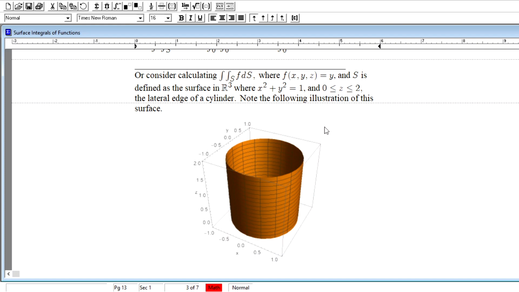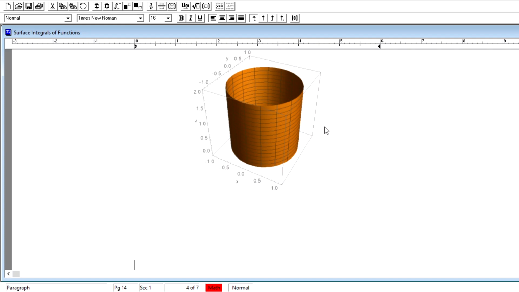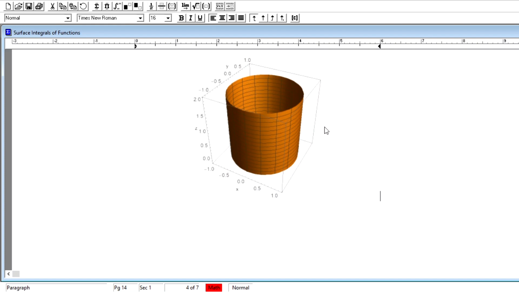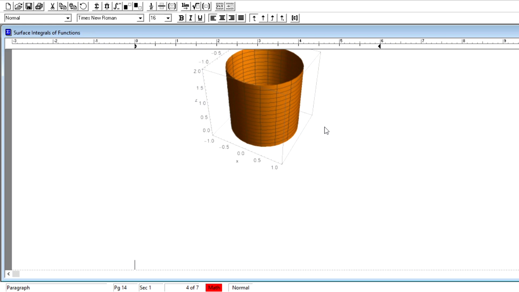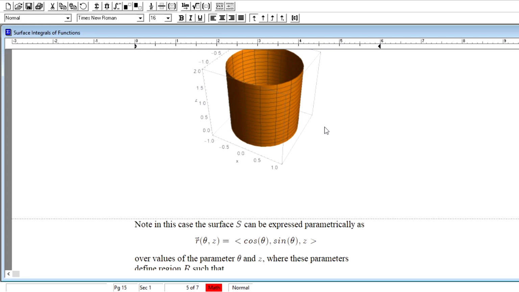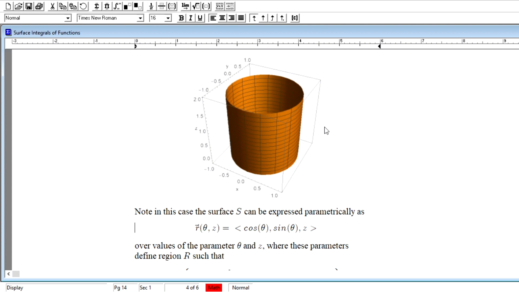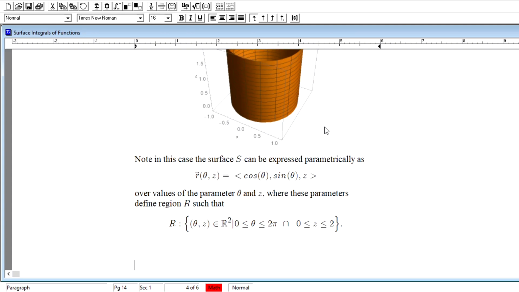And the surface S can be expressed parametrically as the surface r given by theta comma z.